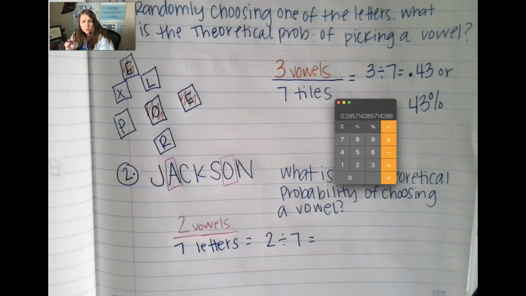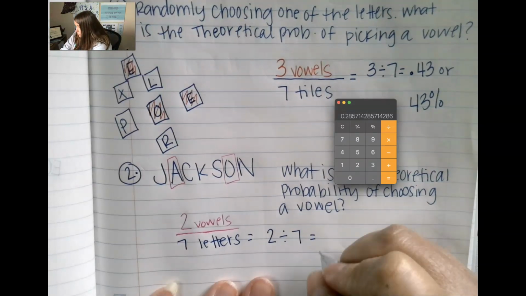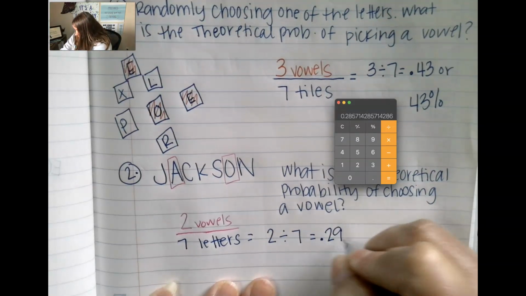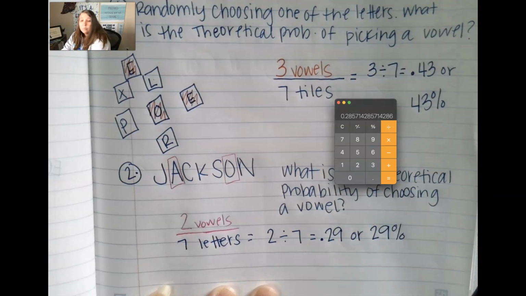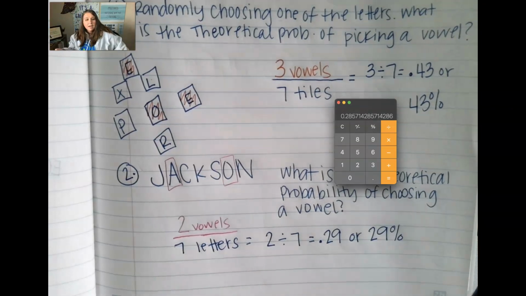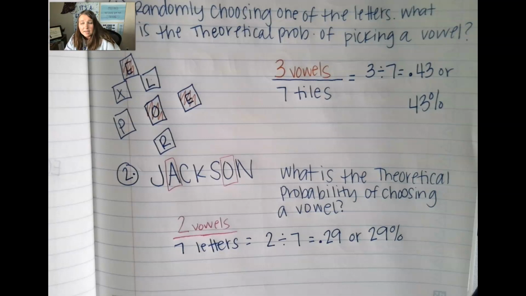The 5 tells the 8 to round up, so we're going to say 0.29, or 29%. So the theoretical probability of choosing a vowel is 29%.